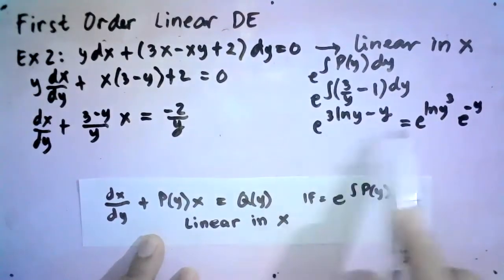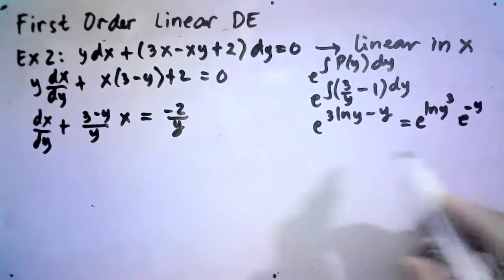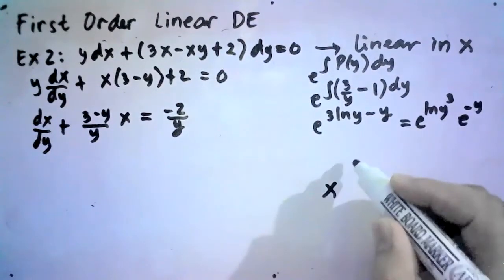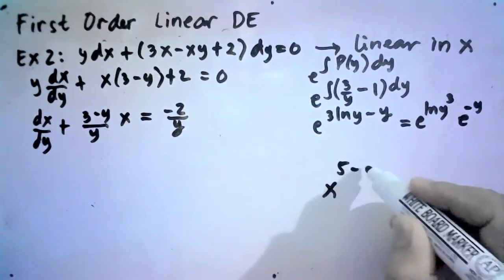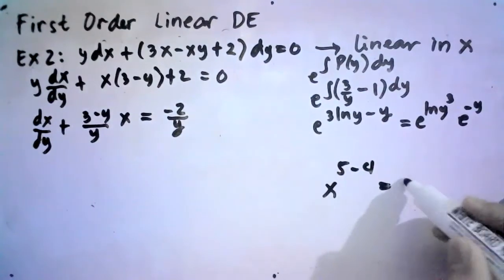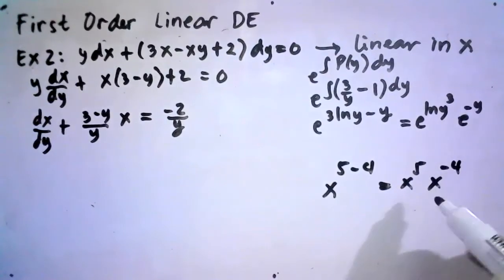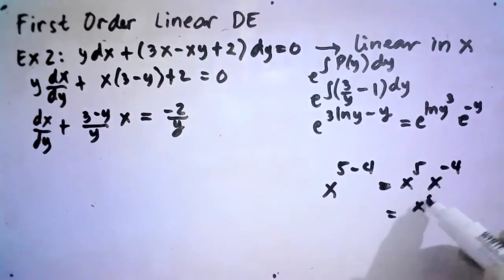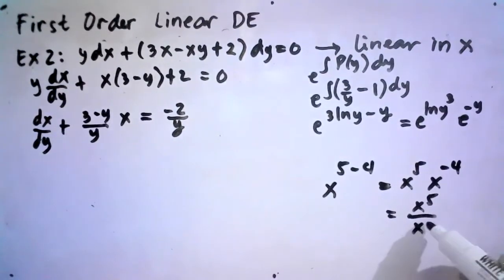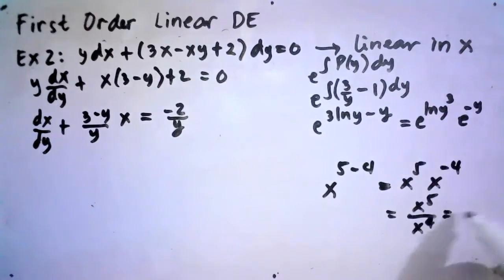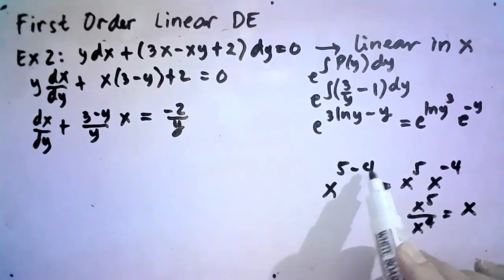Now, as in basic algebra, x raised to 5 minus 4 can be rewritten as x to the 5 times x to the negative 4, which is equivalent to x to the 5 divided by x to the 4, which is equivalent to x, since 5 minus 4 is 1.